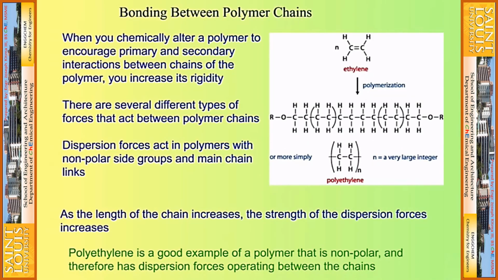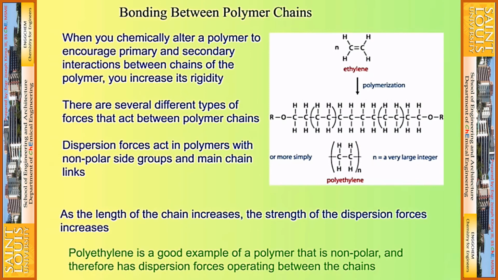When you chemically alter a polymer to encourage primary and secondary interactions between chains of polymer, you increase its rigidity. There are several types of forces that act between polymer chains. Dispersion forces act in polymers with non-polar side groups and main chain links.